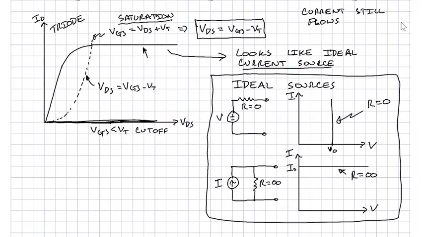Another way to say that is, it doesn't matter what VDS we apply, as long as it's bigger than VGS minus VT. If we apply a VDS greater than that, we will always get that same current, unless we mess with VGS. So for a constant VGS, we will always get the same IDS current as long as VDS puts us in the saturation region.